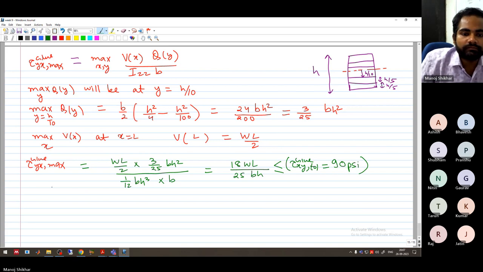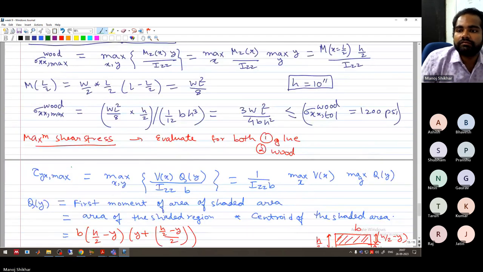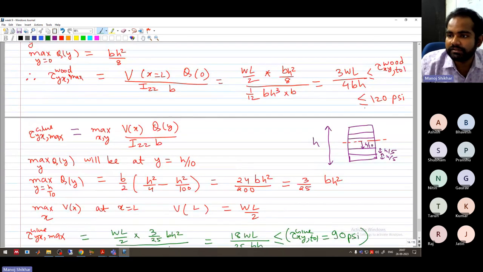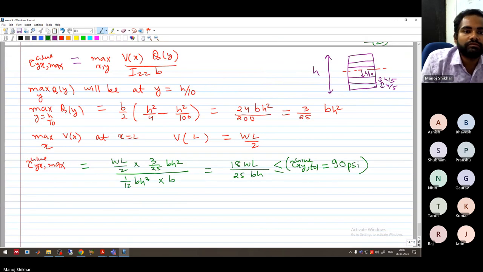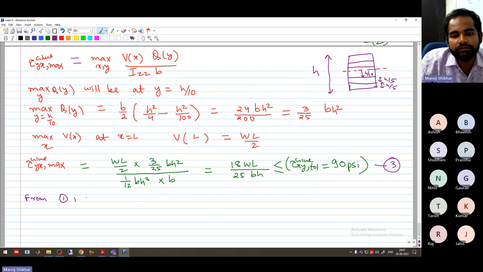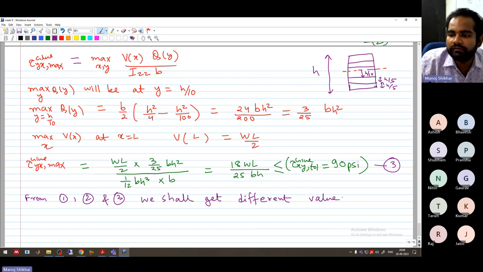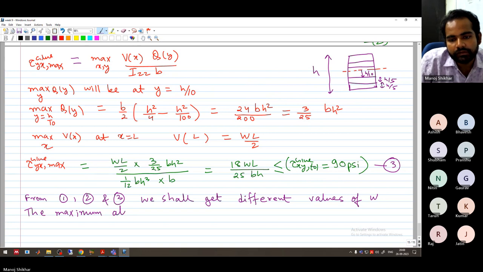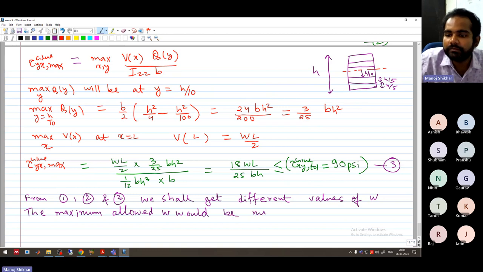So from expressions 1, 2, and 3, we shall get different values of W. And the maximum allowed W would be the minimum of whatever we get.